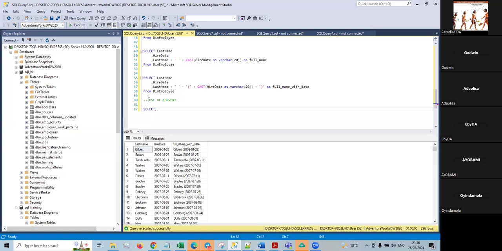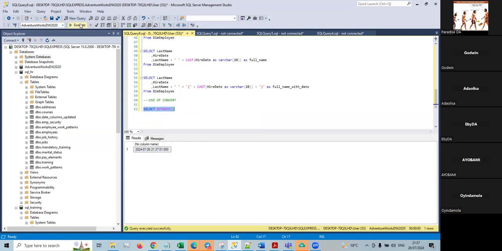Again, let's see. If we say select getdate, if we run this code, we know that we will get today's date. Let's see the format in which we have today's date.